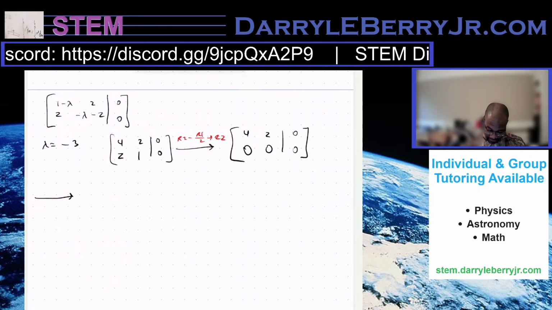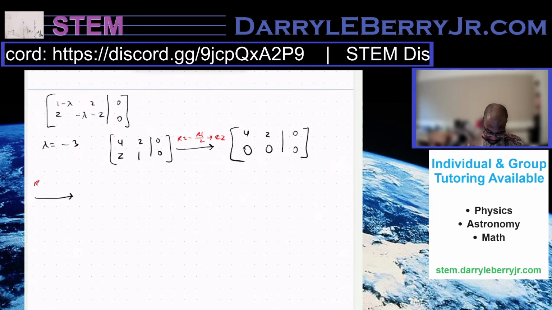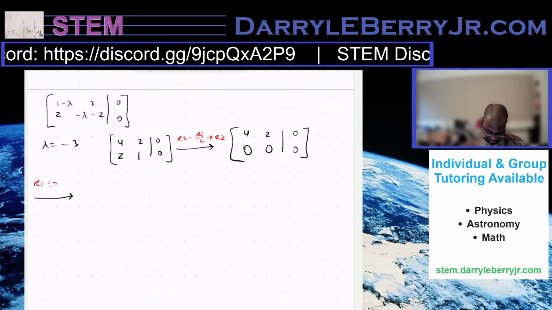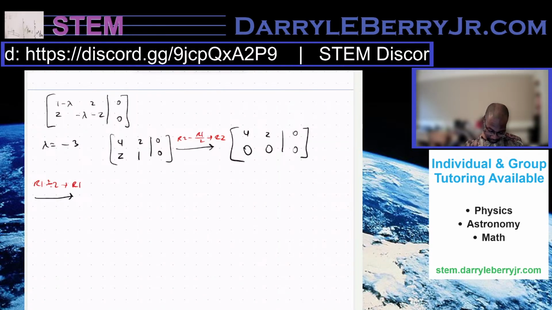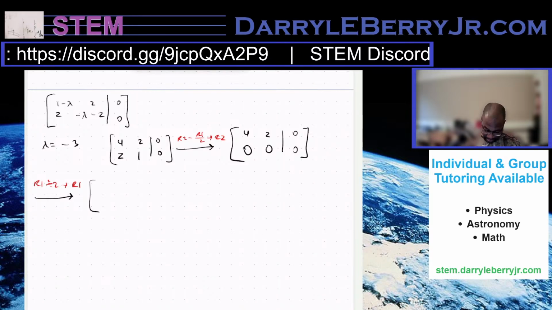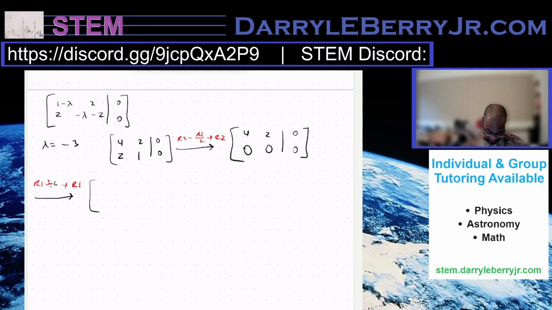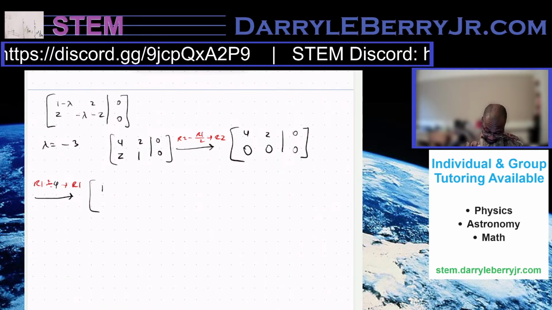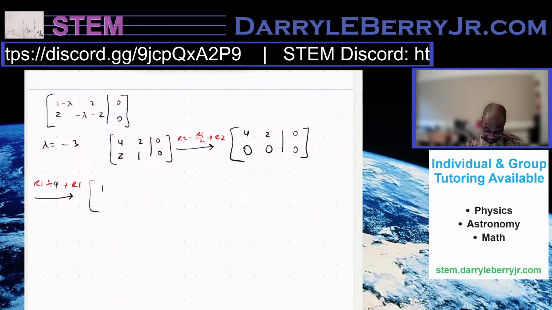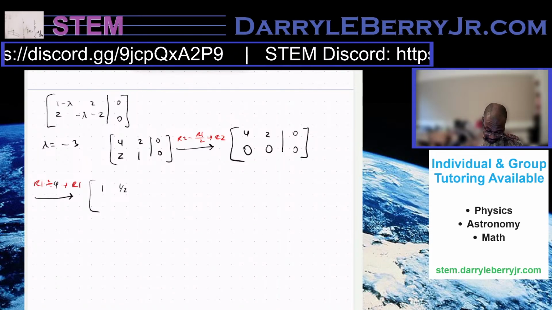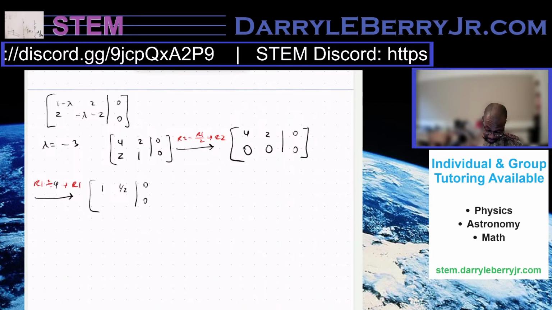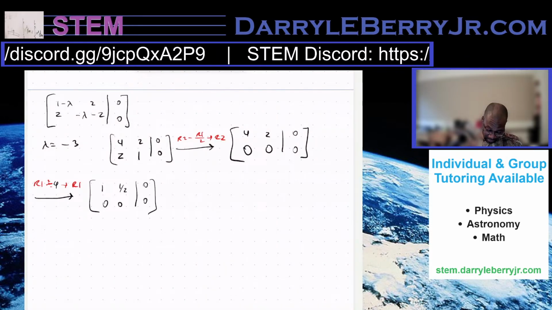Then row 1 divided by 4. So then we have 1, 1 half, 0, 0, 0, 0.